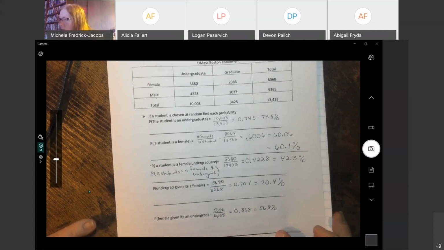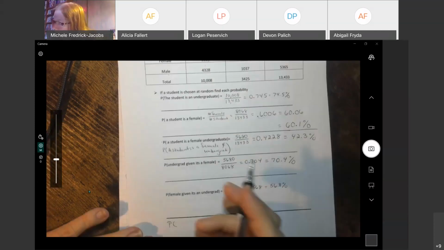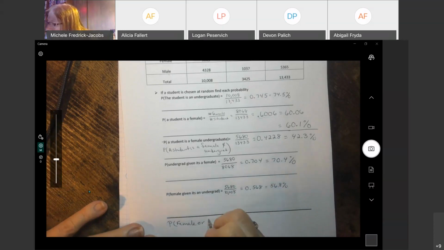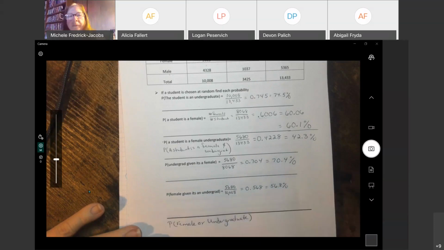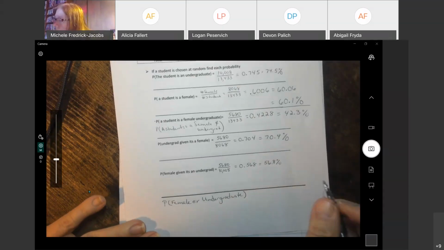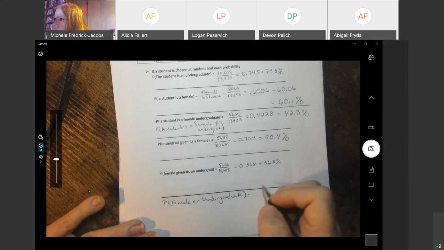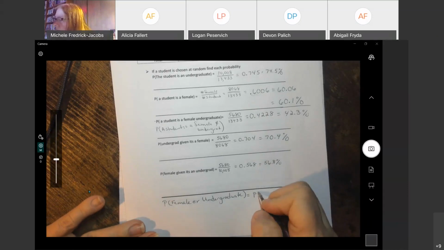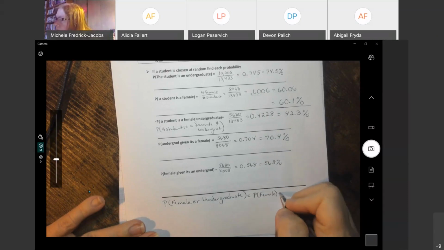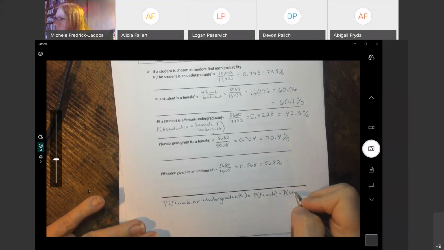So you have to be careful when it's an or. When you're finding it when it's an or, it's the probability of the female plus the probability undergraduate.